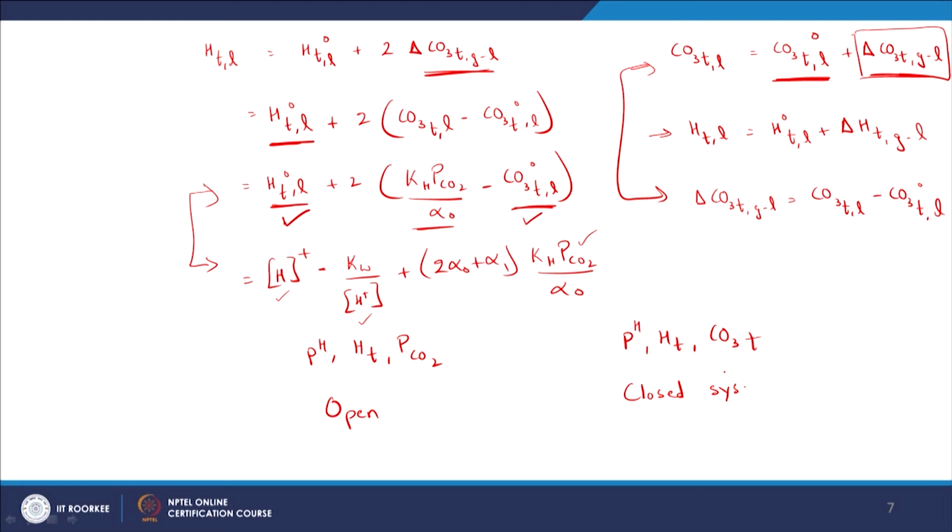So earlier in the closed system the relevant variables were pH, H total and CO3 total that are going to be present at equilibrium. But in this case we have a slight variation. Why is that? It is no more a closed system, it is an open system, right. So the CO3 or H2CO3 is going to be in equilibrium with CO2 in the gaseous phase. So now the relevant variables are pH, H total and partial pressure of carbon dioxide in the gaseous phase, right.